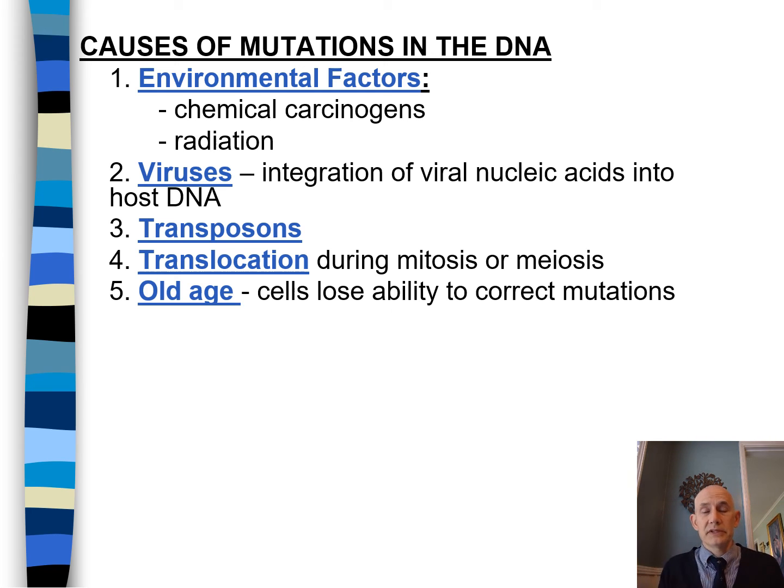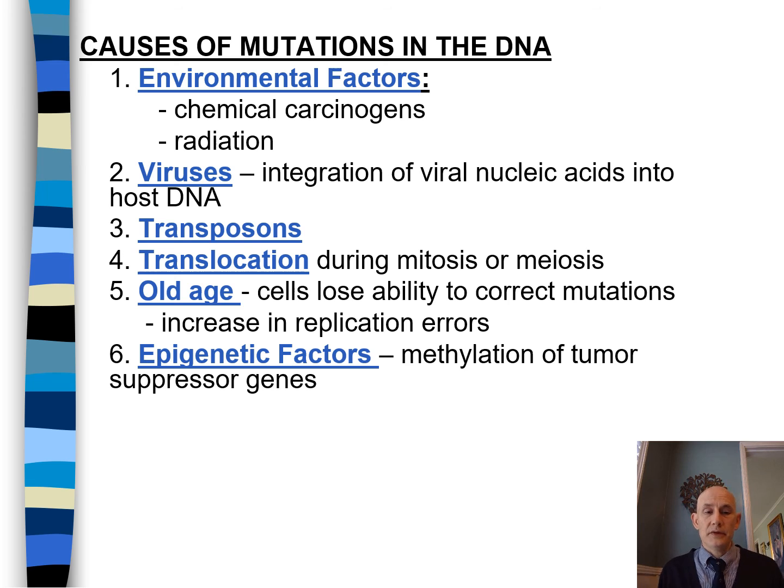Your cells lose the ability to correct those mutations, so it becomes more and more likely that you could get cancer. And then you have those epigenetic factors based on what you have been exposed to in your lifetime, what your mother was exposed to, potentially going in and modifying your genes.